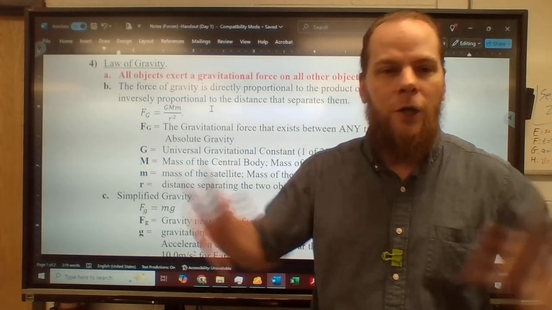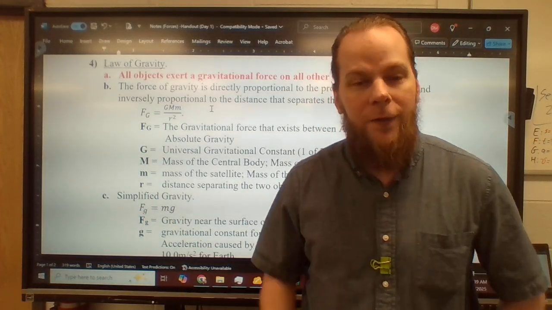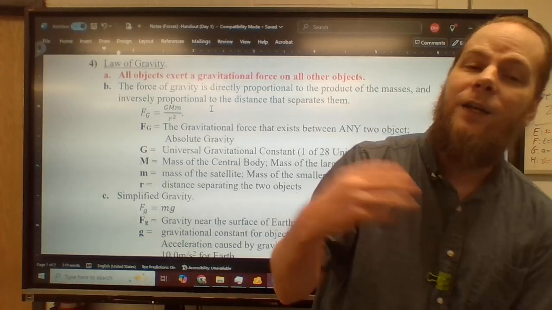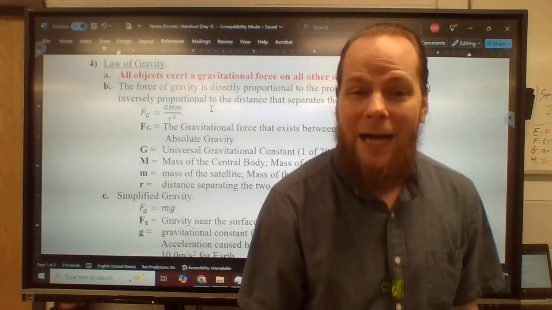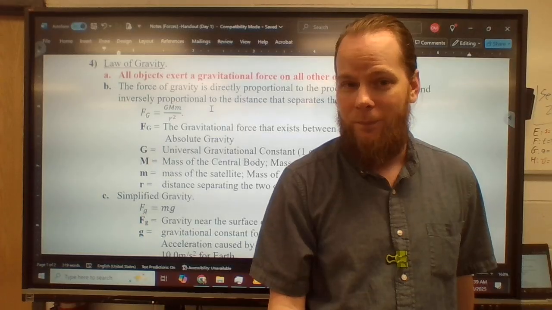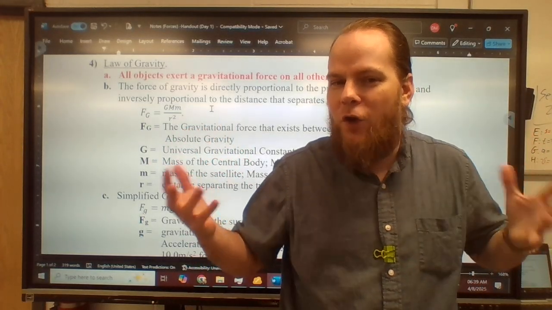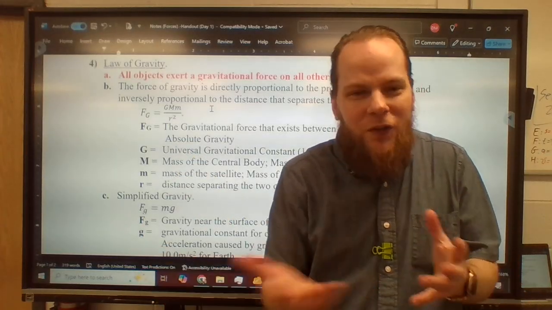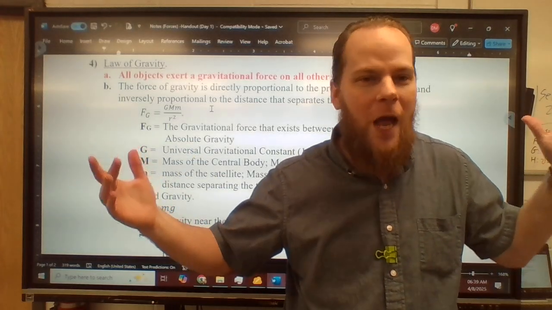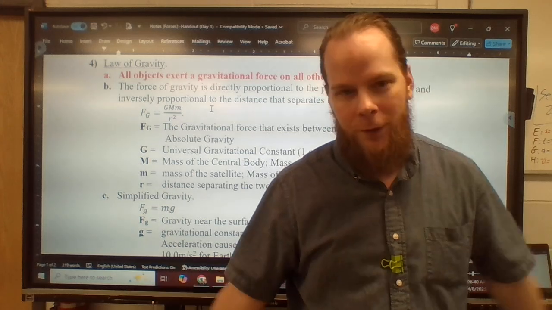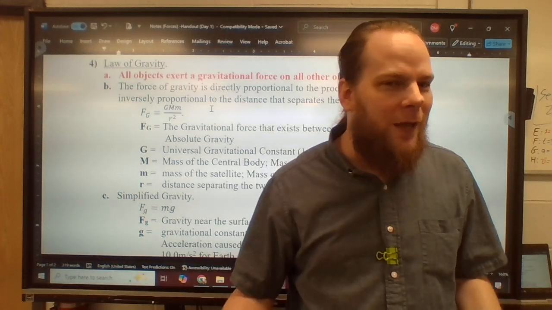The farther apart they are, the weaker this force gets. There is a force, and in some cases, we can actually measure it. But it's so weak that we don't really see it unless it's something the size of a planet or a moon. We can't really perceive that gravity.